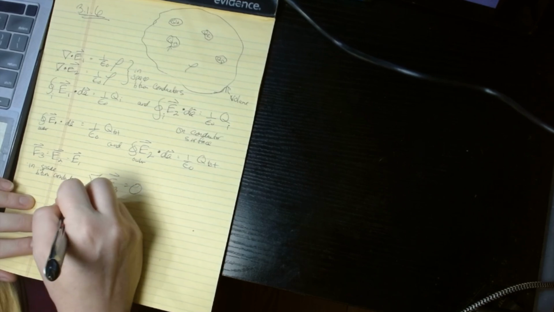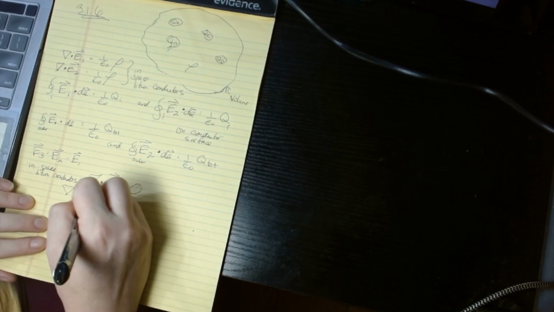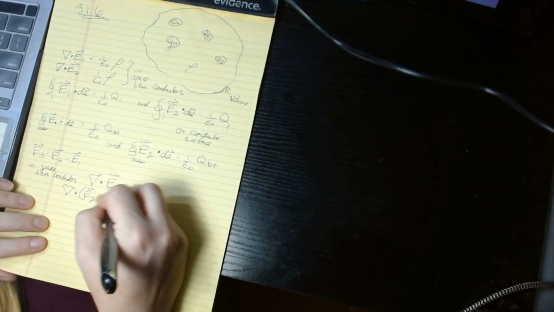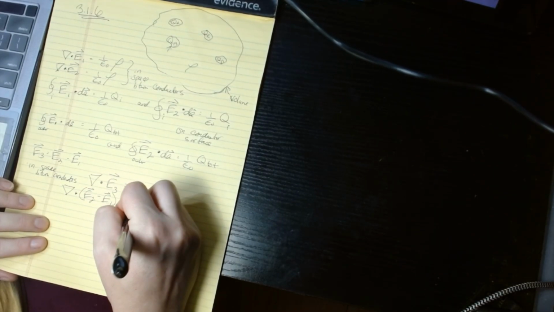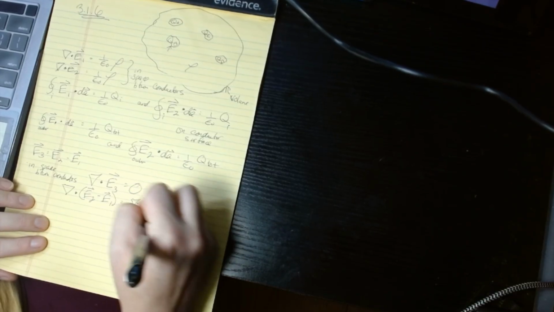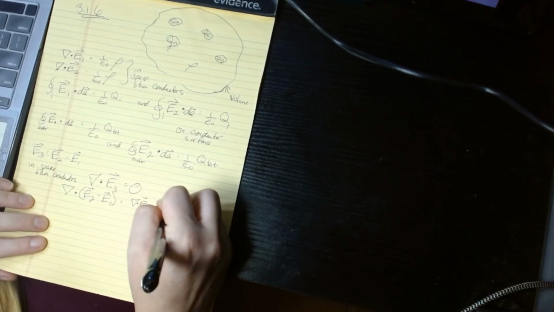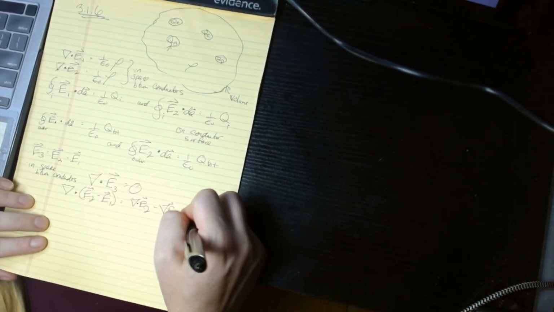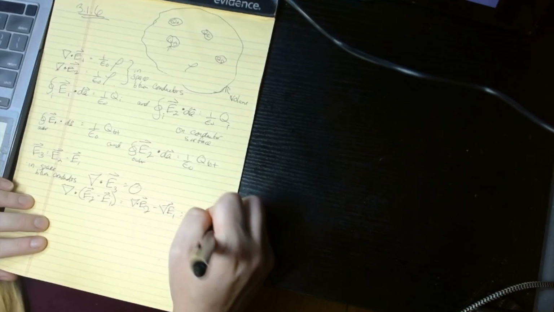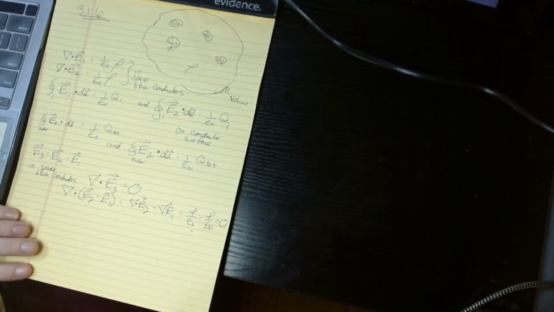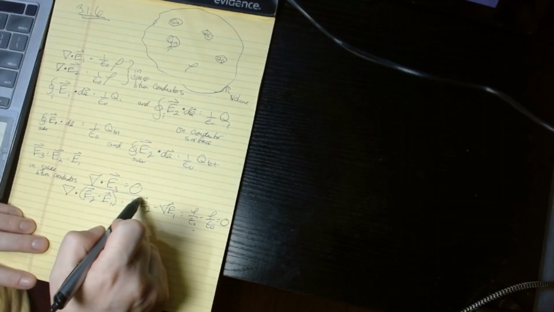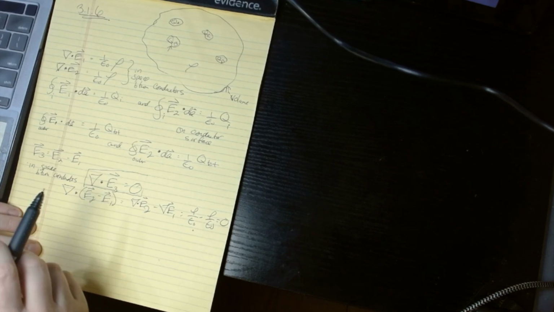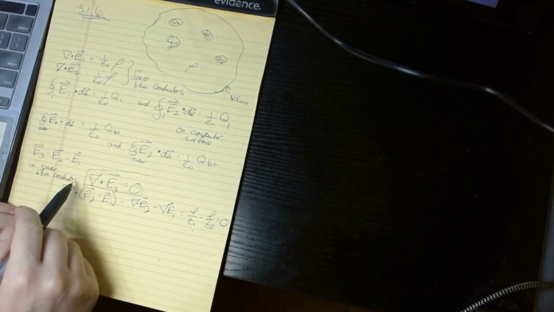So if we take the divergence of E2 minus E1, which is the divergence of E2 minus the divergence of E1, well, those were equal to each other up here. So rho over epsilon naught minus rho over epsilon naught equals 0. Okay. So that is a fundamental property of the difference between the two fields. That is going to come in useful real soon. And that's in the space between conductors.